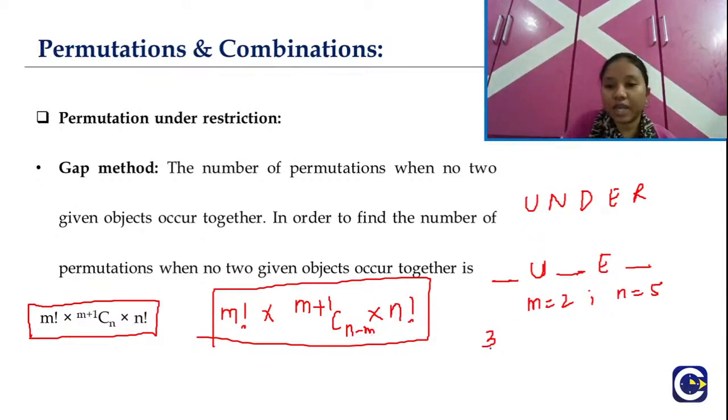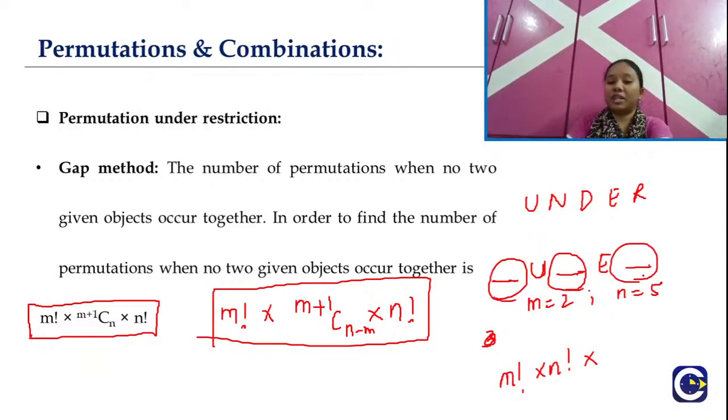So here we'll be arranging: for these two it will be m factorial, and for these 3 it will be n factorial, because they can be arranged, and among these we'll be selecting. So it will be m plus 1 C n. You will understand that when we get into combinations, how we select that. Among these we'll be selecting 3.